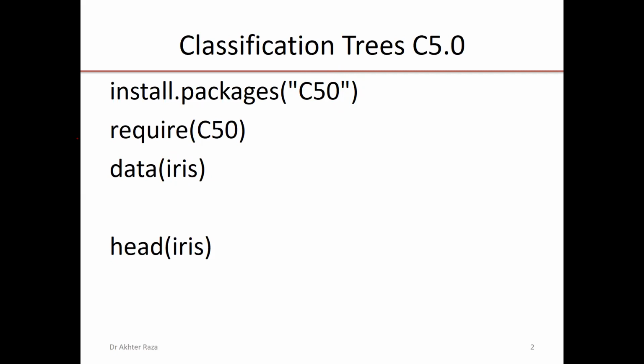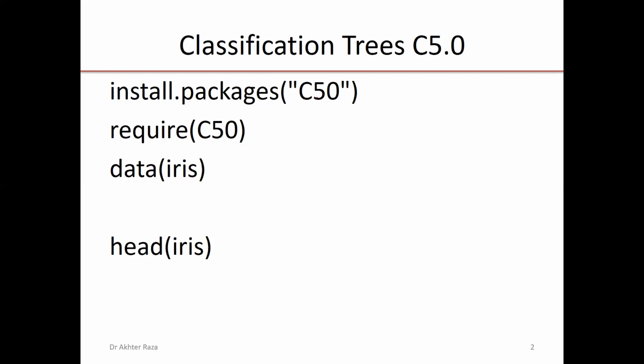So we have the two commands here. One command is the require command, and the second command is the data command. The require command basically loads the package C50, and install.packages will install it, because this is an external package.